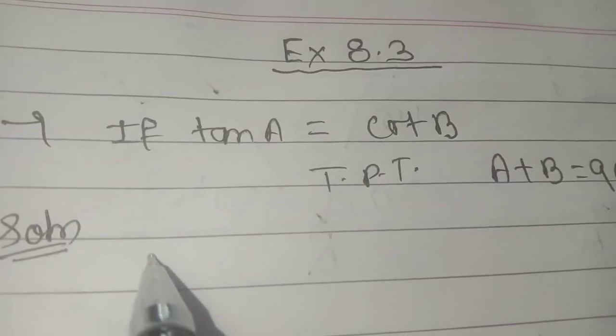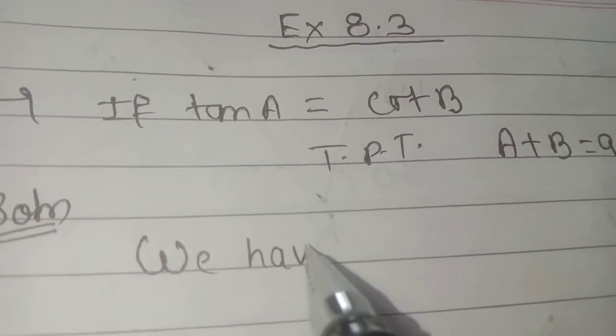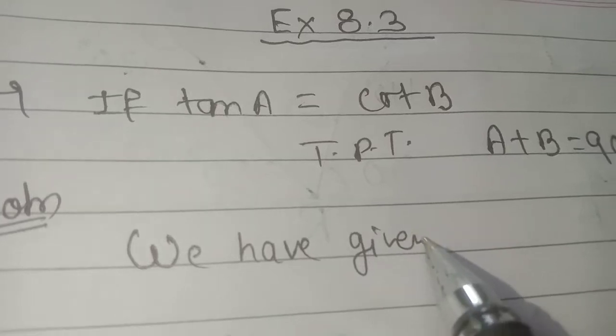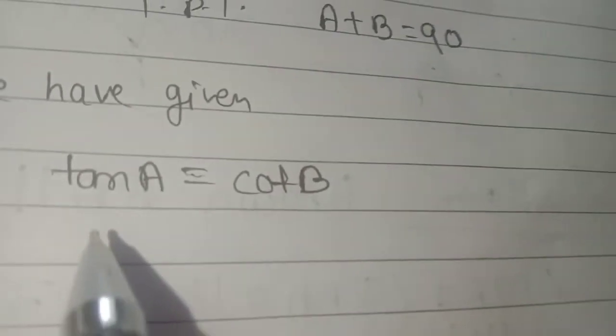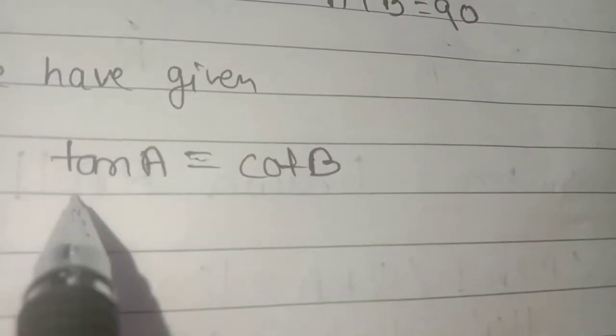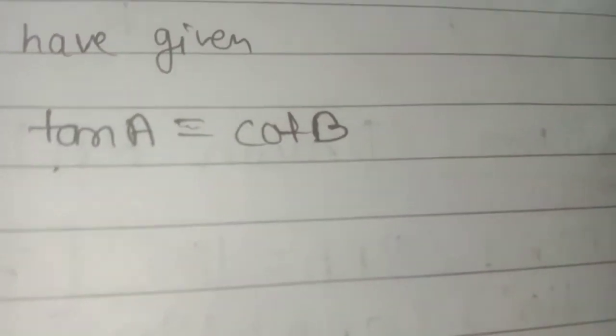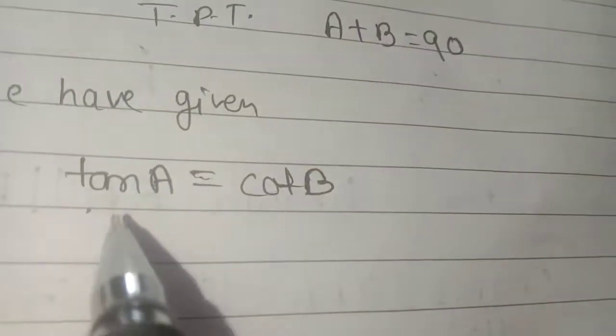See, we have given tan A is equal to cot B. You know the formula, right? So convert either tan into cot or cot into tan, depends on you. So I'm just converting here tan into cot.